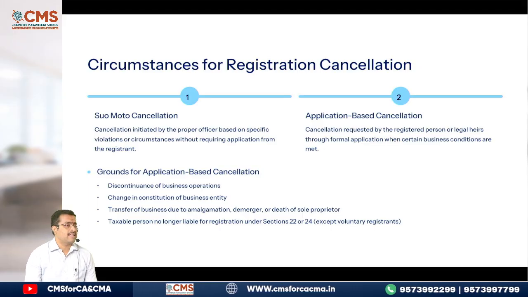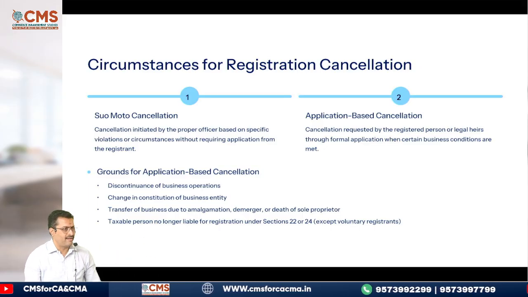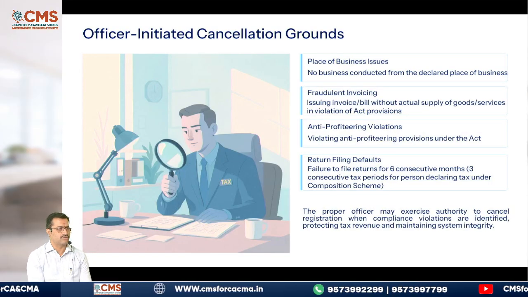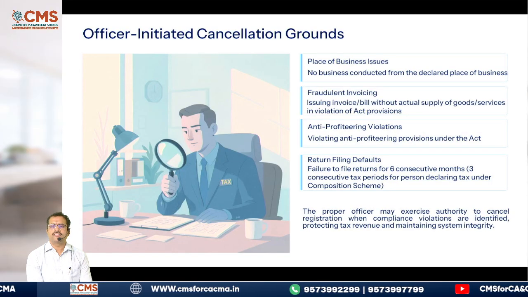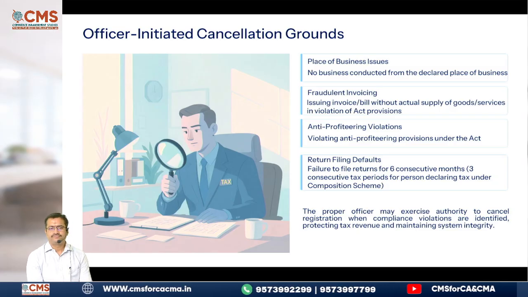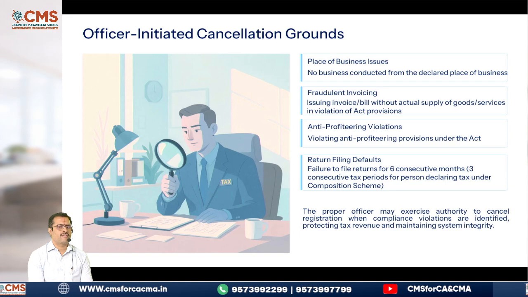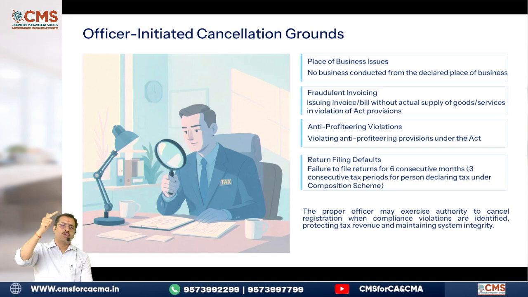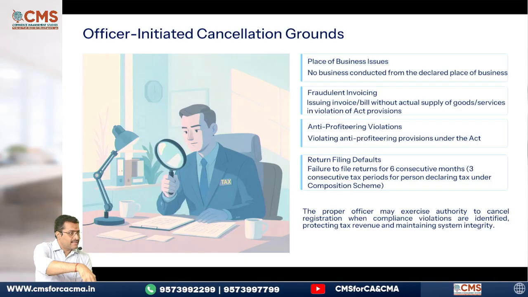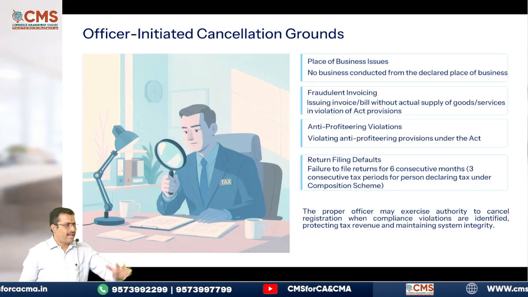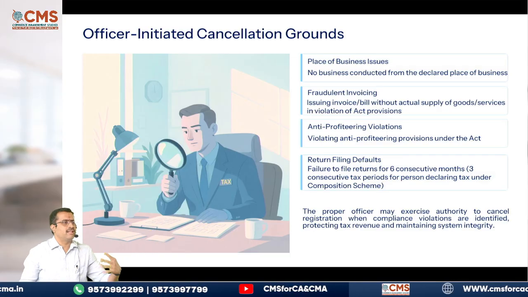Now, what are the circumstances when the officer will initiate the cancellation? See the next one: officer initiated cancellation grounds. You tell me, when will the officer start issuing a cancellation order? Simple. Number one, you obtained the registration by way of fraud. Second, you obtained registration for a place where you are not at all doing the business. I obtained registration for this room, but I am not there in this room at all.